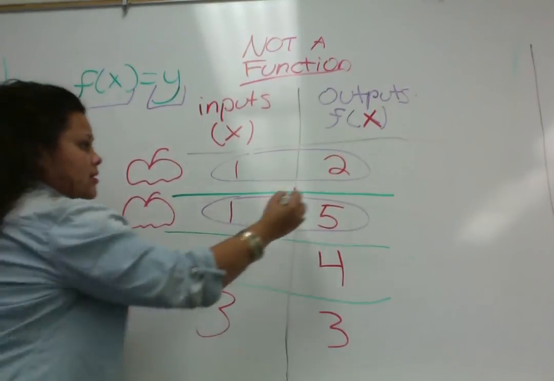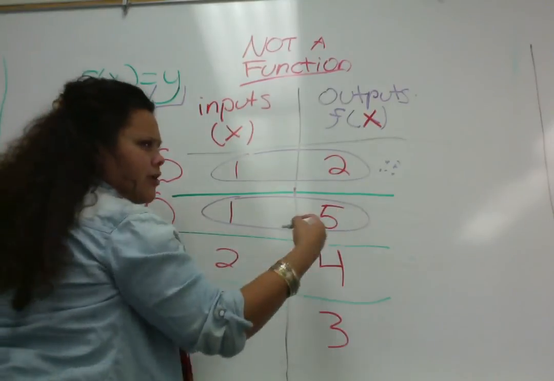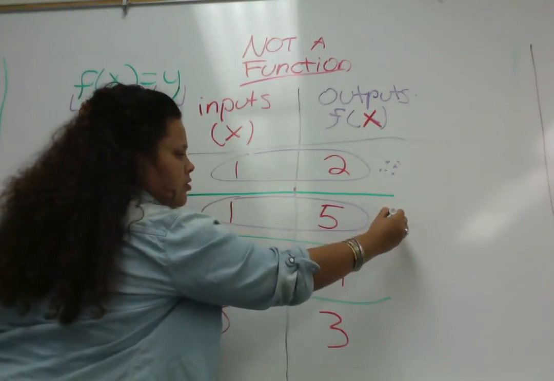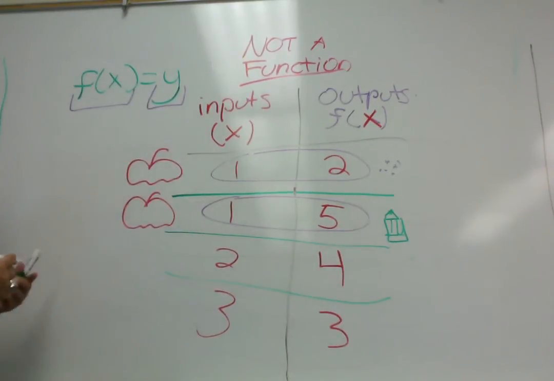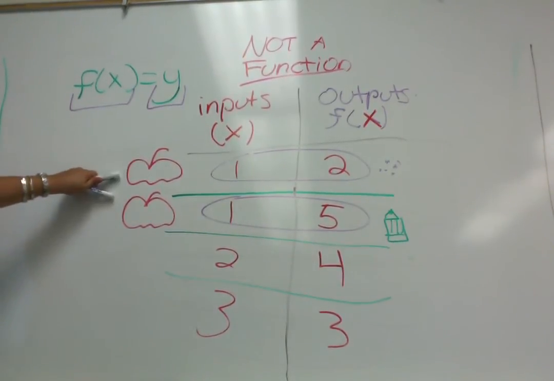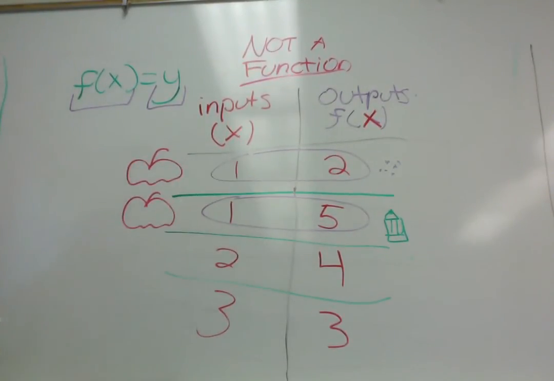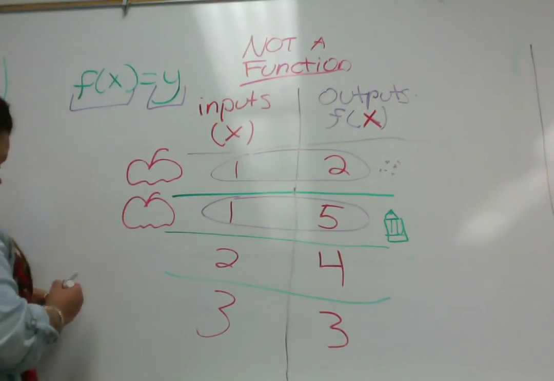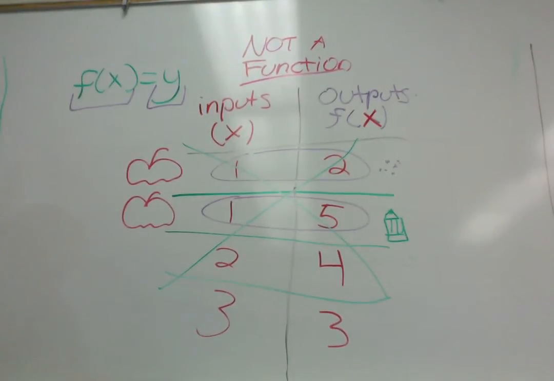One produces seeds and the other produces a marker, or let's say a crayon or something, a pencil. That doesn't make sense. If they're the same input, they have to have the same output, but they're different. So that's why this is not a function. So the outputs must match the same input.